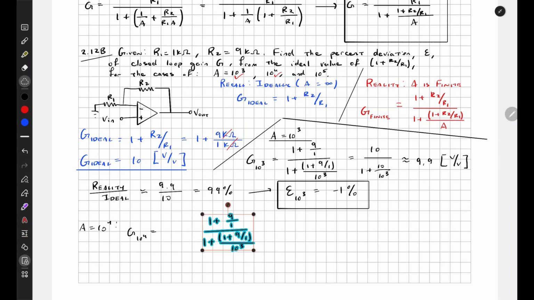Now we're looking at the 10 to the fourth case. So this is equal to 10 divided by 1 plus 10 divided by 10 to the fourth. Let me plug this into the calculator, which is equal to 9.99.